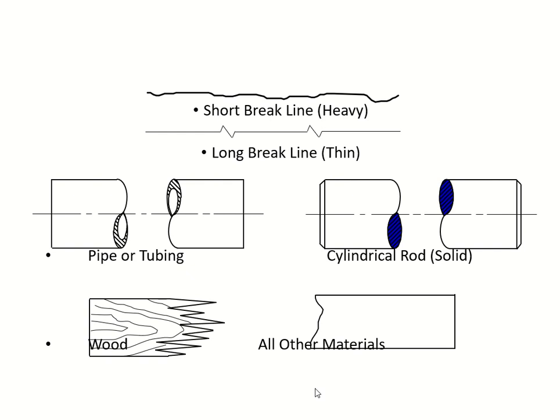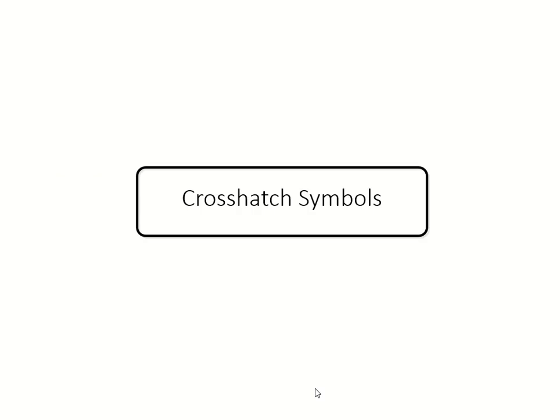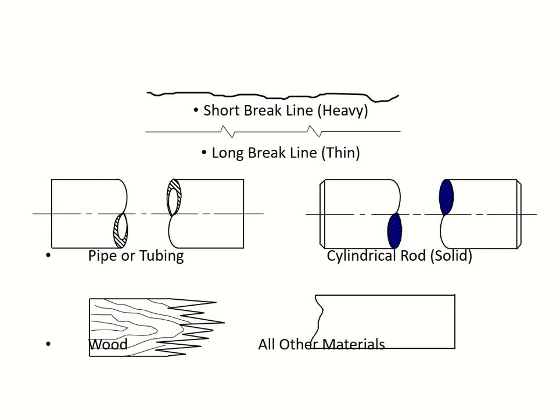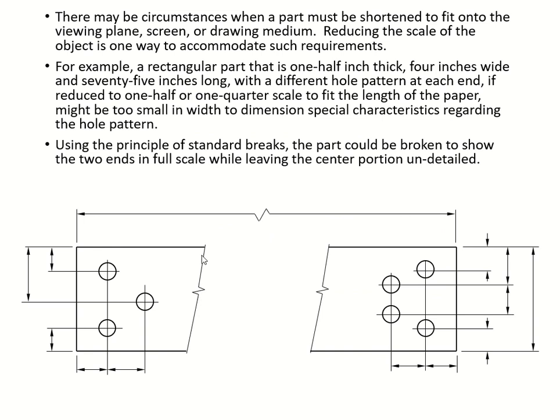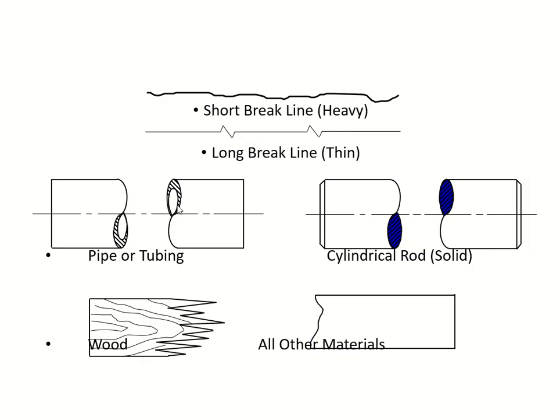So let's take a look at it. Here in this example, you're using the thin break line, and it depends on the type of your part, you will be using different break lines. Right now we're just using the heavy lines for wood. Look at that. Okay.